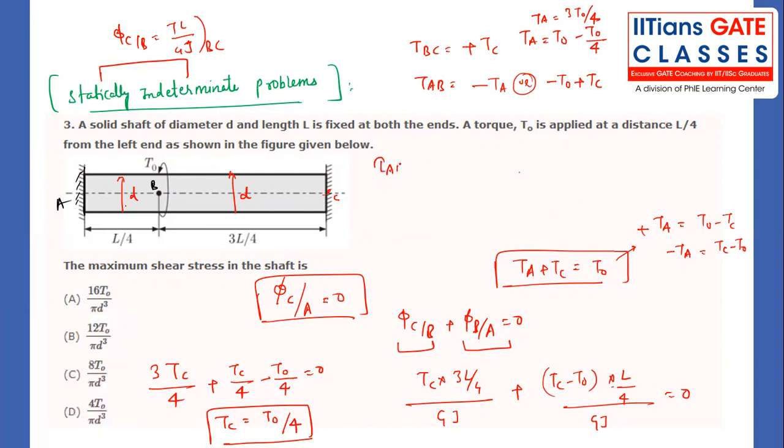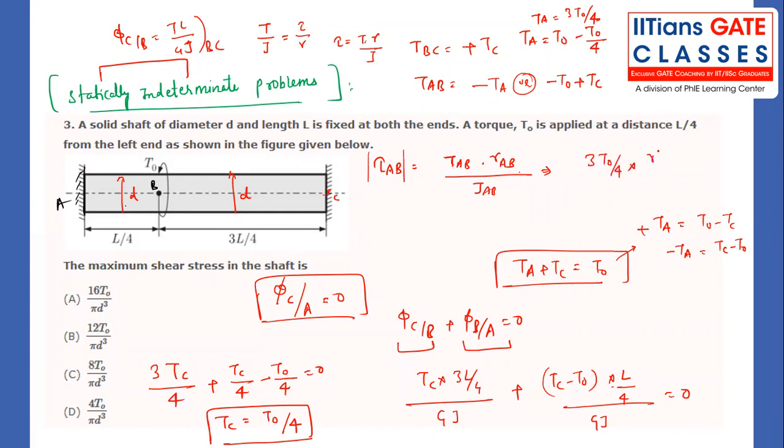What is the stress in the AB member? See, T by J equals tau by R. Tau will be TR by J. Can we write it like this? TAB, R of AB, J of AB. D of AB is what? Minus of TA. If I calculate the magnitude, then I will write 3T naught by 4.